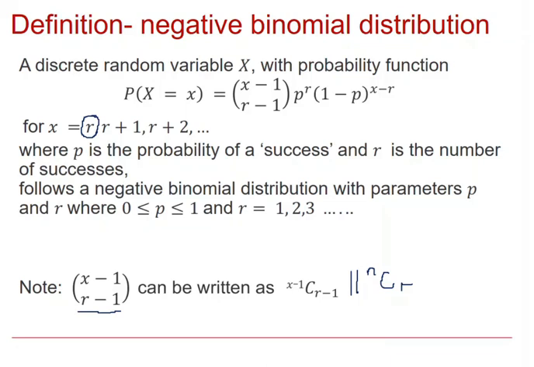And if you think about what (x-1)C(r-1) represents, it is giving us the number of different ways in which we can achieve r-1 successes in the first x-1 trials. And clearly there must be r-1 successes in the first x-1 trials in order that the final rth success occurs on the xth trial.